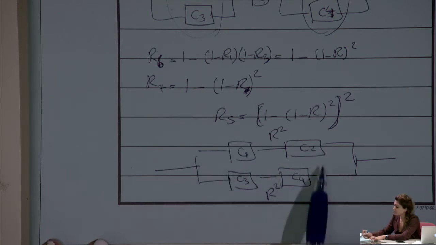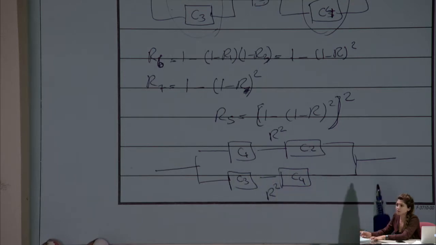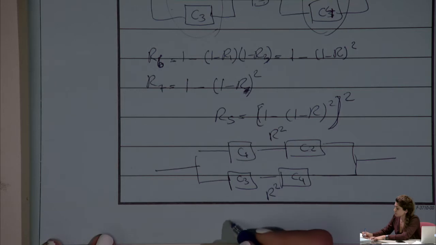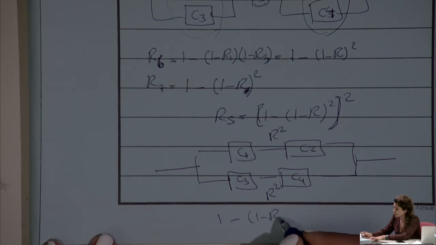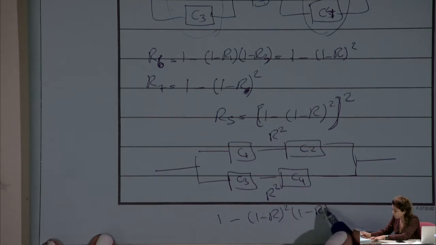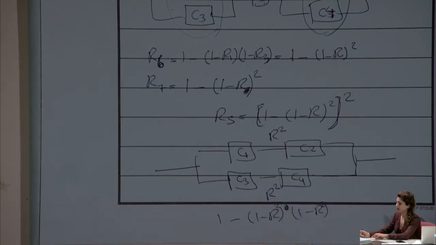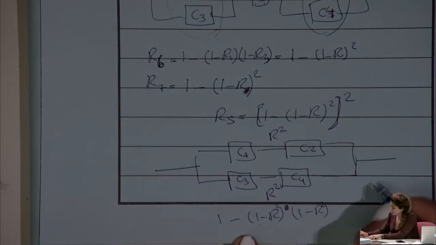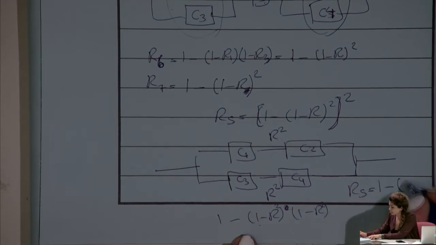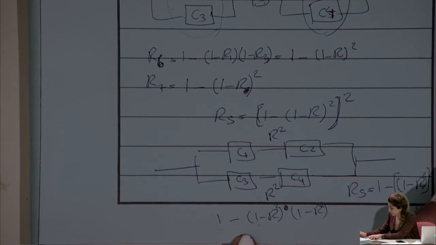Now, what is the reliability of the whole system? 1 minus the probability that both of them are not working, which is 1 minus (1 minus R squared) multiplied by (1 minus R squared) again. So the reliability of the system is going to be 1 minus (1 minus R squared) to the power of 2.